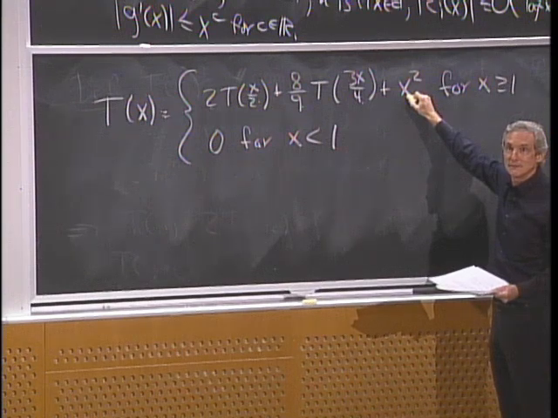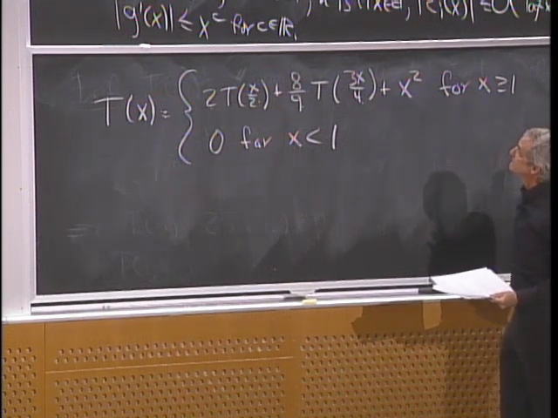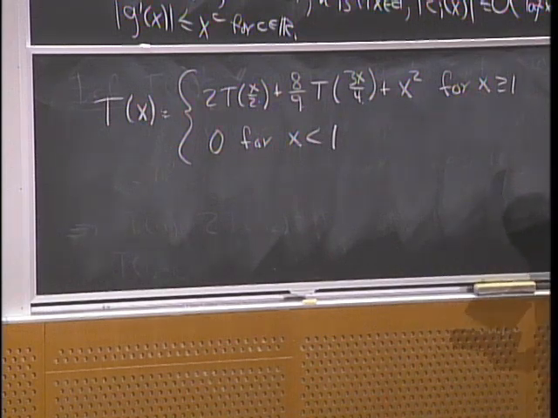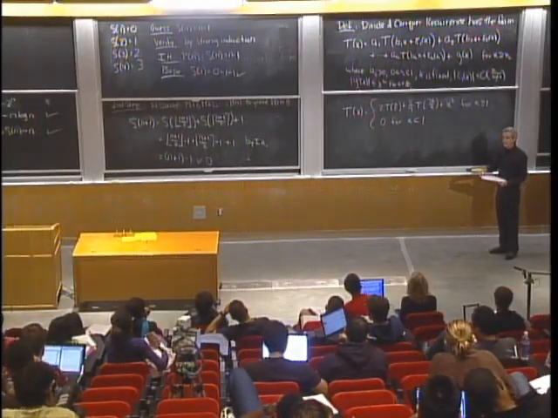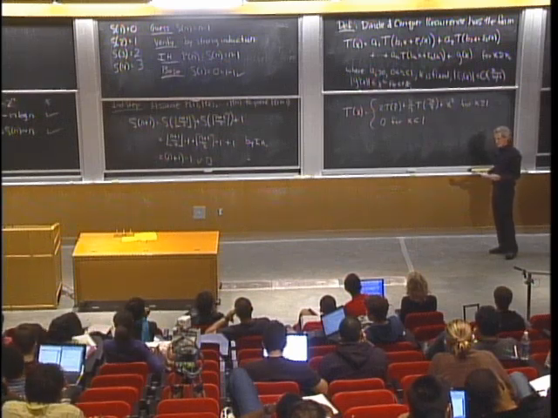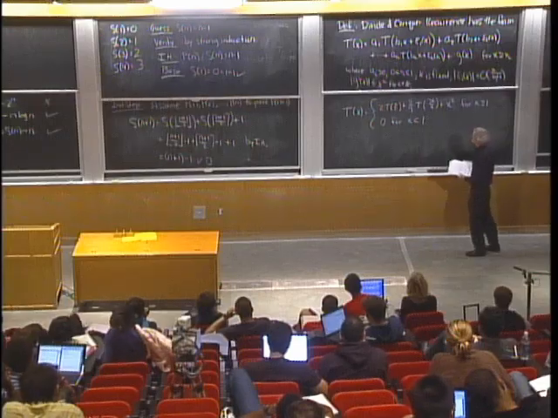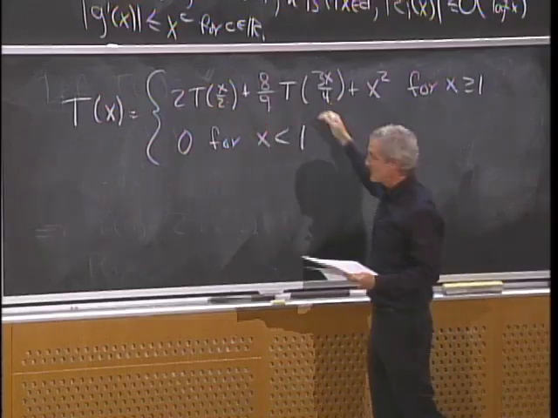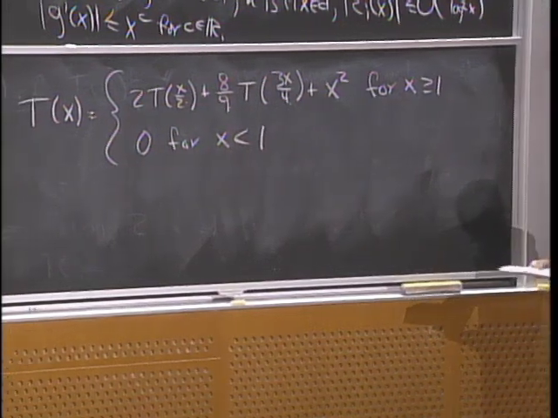That's less than x to a power. So this fits. OK, any questions about the definition of a divide and conquer recurrence? And you can see why they come up, because whenever you're solving a problem with recursive pieces that are a constant factor smaller, you're going to have something that looks like that.